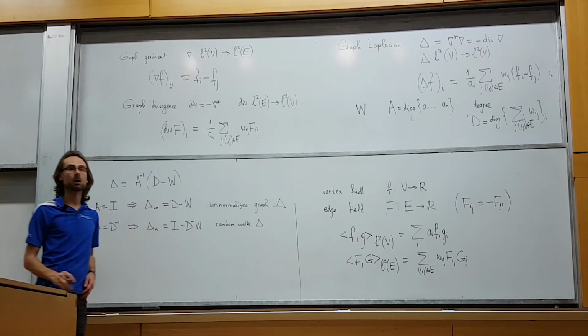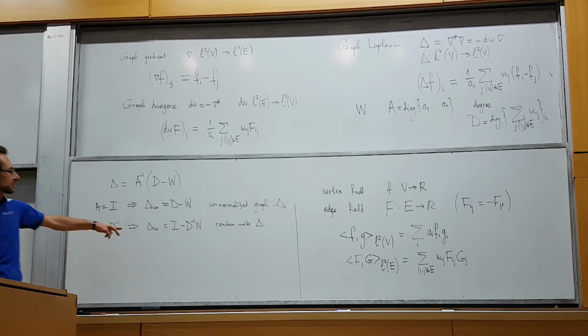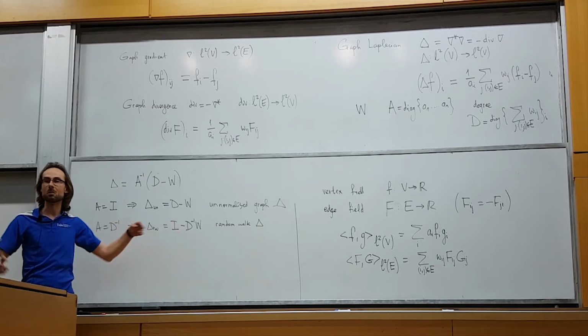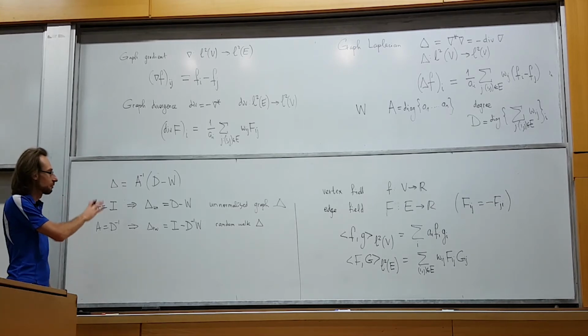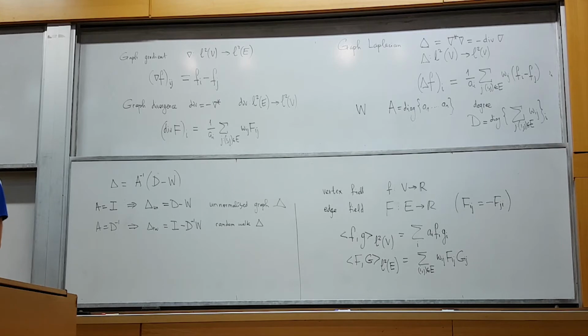And the name random walk Laplacian is because this matrix can be thought of as a transition probability describing random walks on the graph. It's actually a stochastic matrix, so it can be thought of as transition probabilities. So basically, there are a few more standard constructions of Laplacians on graphs. For example, if the graph is built as a discretization of a continuous manifold, the choices of W and A will be derived from the metric, or from some discretization of the metric.